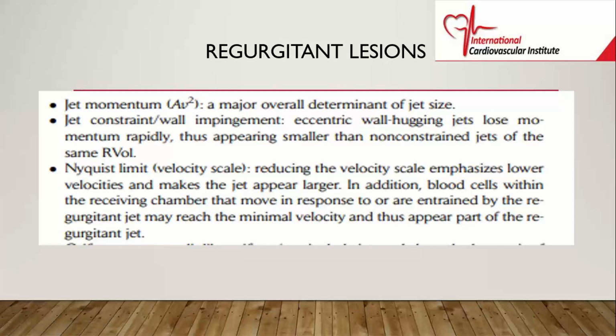So you have to be careful when you're looking at a wall-hugging jet, what we call the Coanda effect. It looks smaller, but if you were to calculate the regurgitant volume, you'll realize it's not that small. So remember the wall-impinging jet.